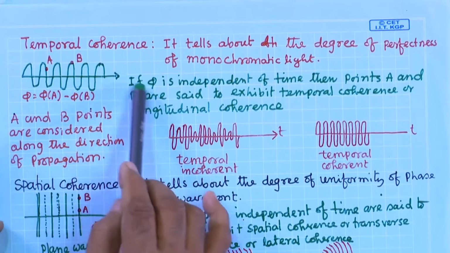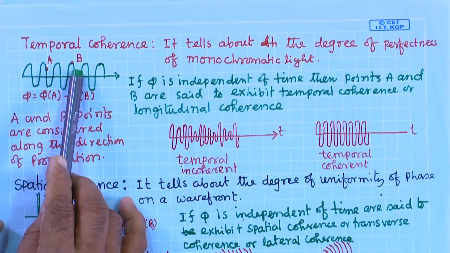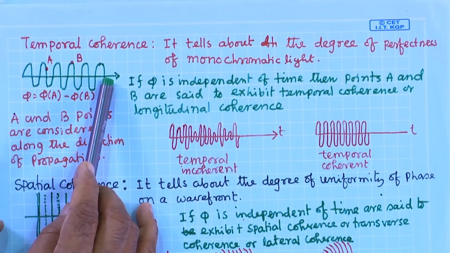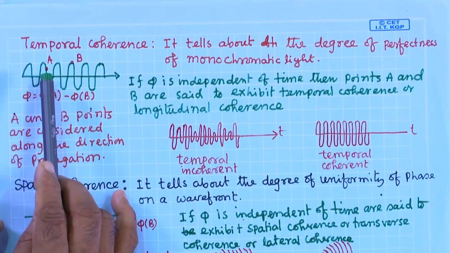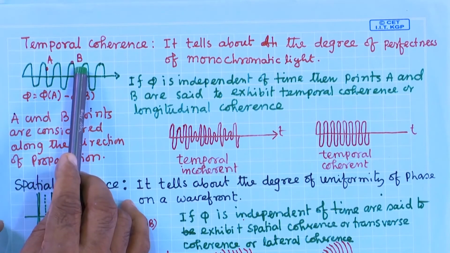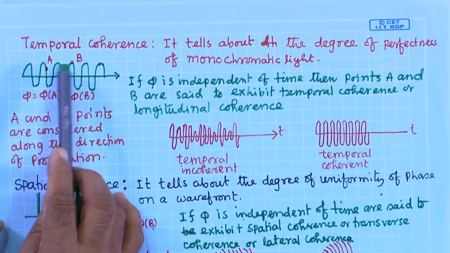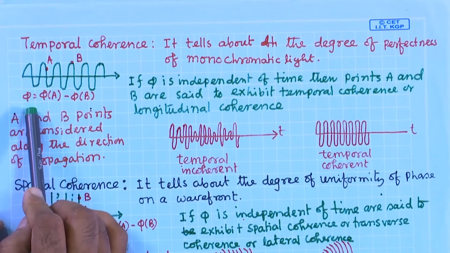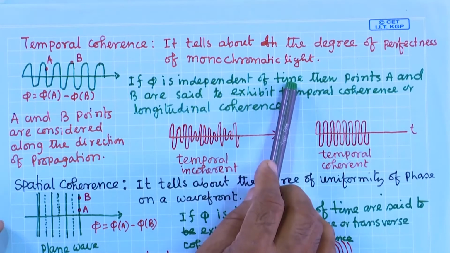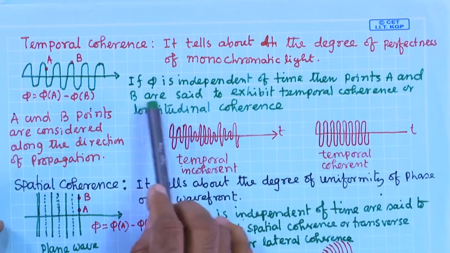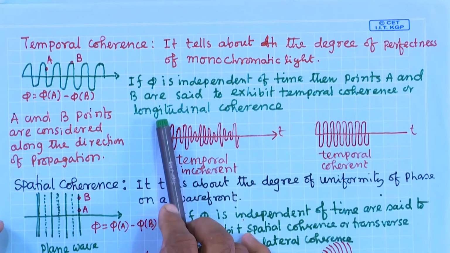If you take two points A and B in the direction of propagation on the wave, the phase at point A is phi A and at point B is phi B. The phase difference between these two points is phi A minus phi B. If this phase difference is independent of time, then points A and B are said to exhibit temporal coherence, or longitudinal coherence.